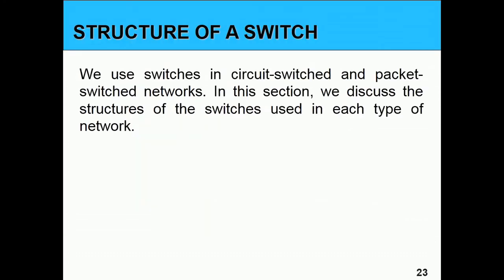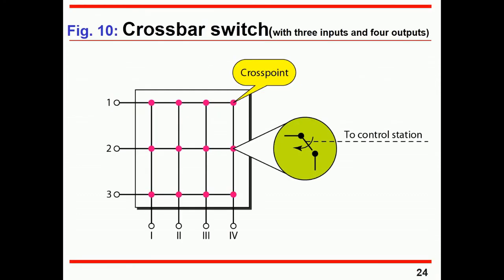Structure of a switch. We use switches in circuit switched and packet switched networks. In this section, we will discuss the structures of the switches used in each type of network. Crossbar switches. A crossbar switch with 3 inputs and 4 outputs is shown in the figure.